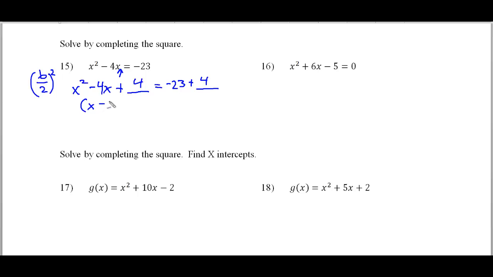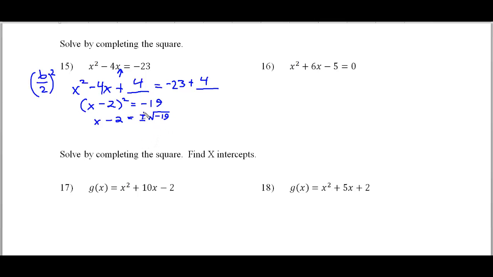Using my pattern from up above, this is going to be x minus 2 quantity squared is equal to negative 19. Now, what we can do is take the square root of both sides because now we have this square isolated. So now I have x minus 2 after I take the square root of this side, and this side is going to be plus or minus the square root of negative 19.